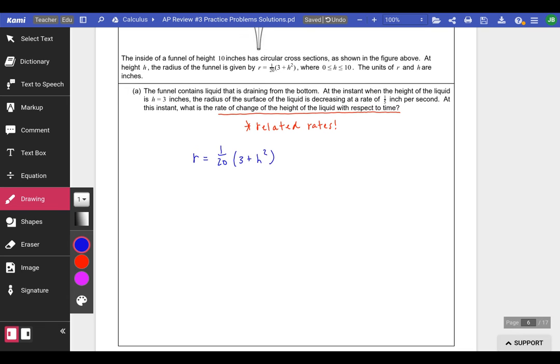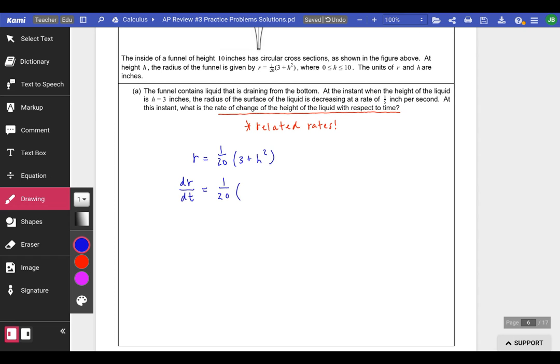So on the left-hand side, we just have the derivative of r. I know that derivative is 1, but then I have to do dr/dt because this is with respect to time. So I get dr/dt on the left. On the right side here, I have a constant times a function. I know the derivative then is going to be the constant times the derivative of that function. So I have 1/20th.